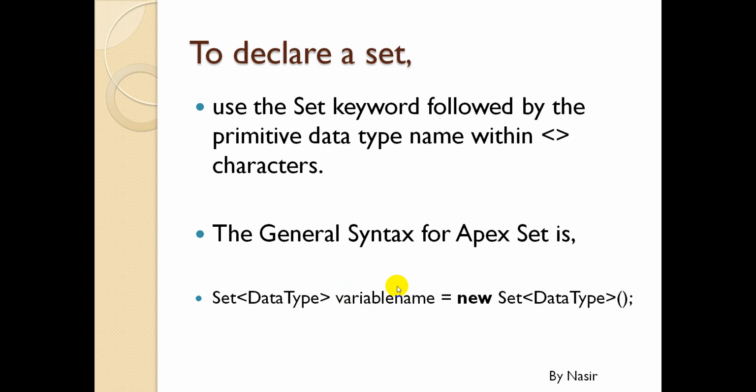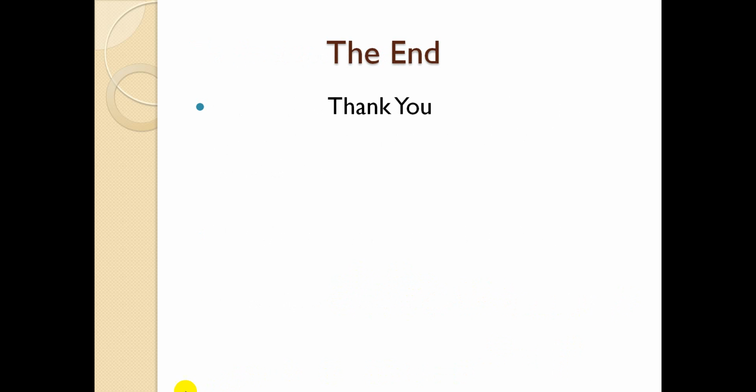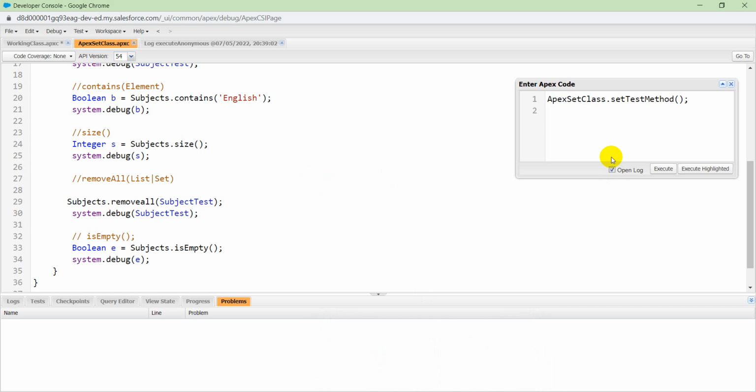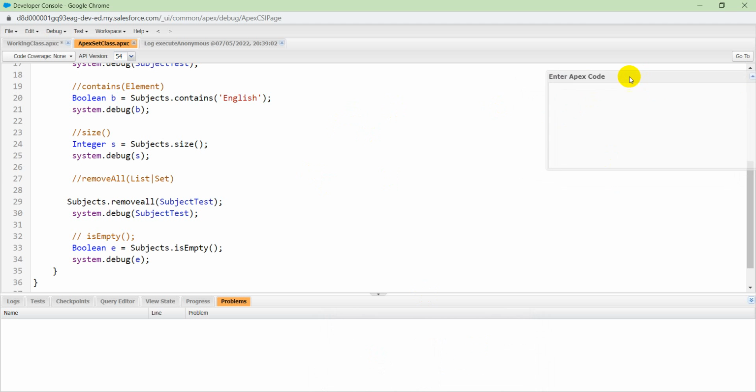It can be anything but should not match a reserved keyword in Apex. Then equals new, which must be here, then Set with the data type, and then open and close parentheses. So that is general information about sets.